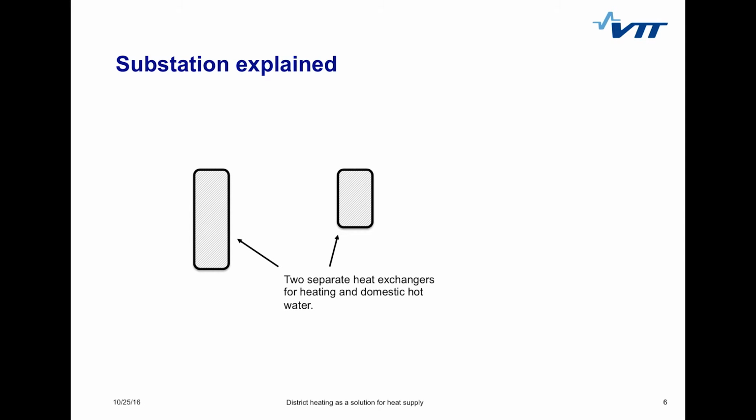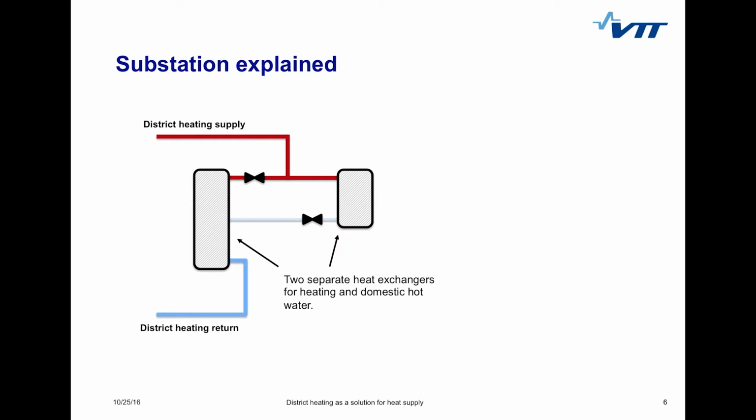So a substation connects the district heating network to the heat distribution system within a building using heat exchangers. In this example, one for heating and one for domestic hot water. So hot district heating flow is regulated by valves. Return flow from the heating heat exchanger can be used to preheat cold water for domestic hot water supply. After the heat exchangers, district heating water returns to the network.